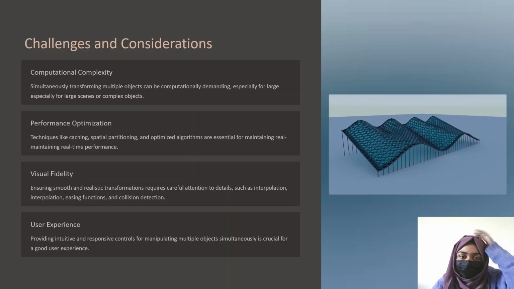Next is challenges and considerations: computational complexity, performance optimization, visual fidelity, and user experience. Computational complexity: simultaneously transforming multiple objects can be computationally demanding, especially for large scenes or complex objects.